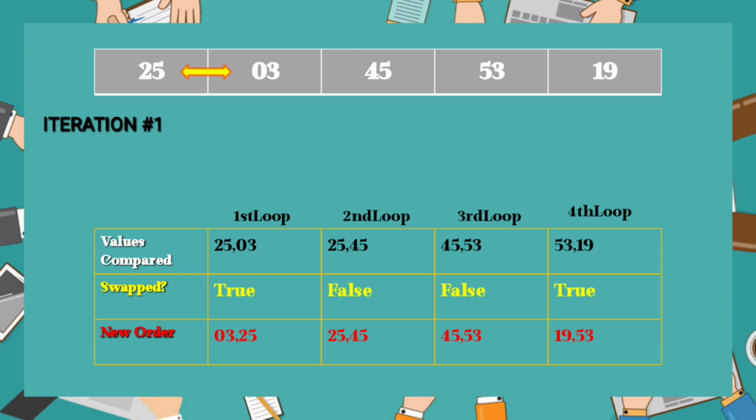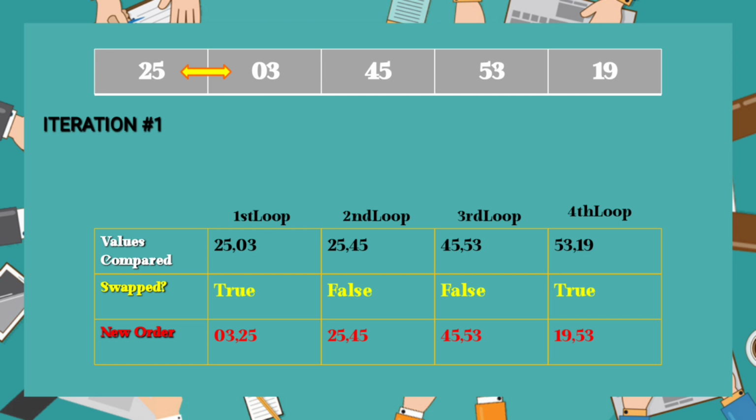First loop, start tayo sa first two values na i-compare natin. Sa ating first loop ay ang 25 and 3. So, if we check the condition, makikita natin na mas malaki yung first value doon sa second value.